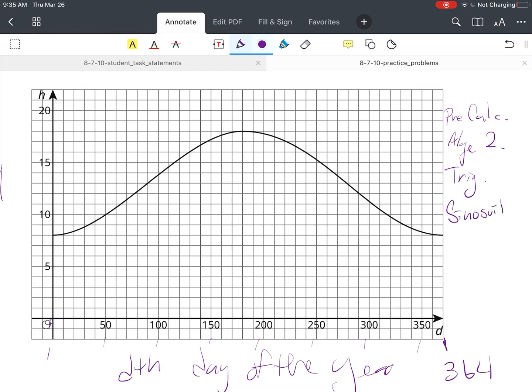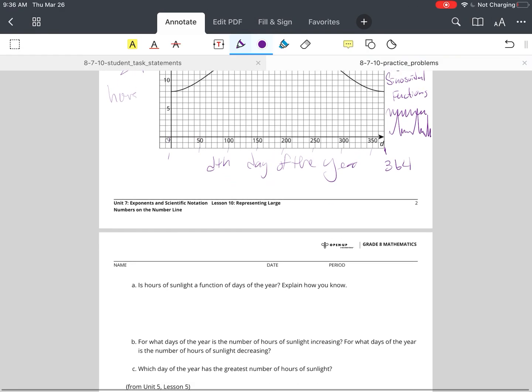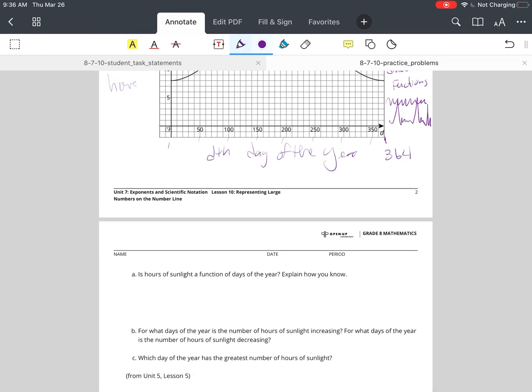They're called sinusoidal functions. If you're ever in a hospital and you hear the little machine go beep, beep, beep, that's literally one of these graphs right there. Anywho, let's look at what it's asking.